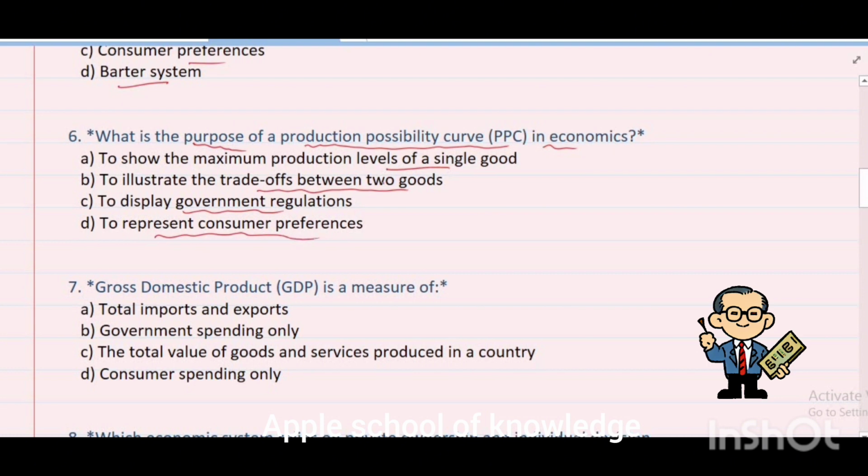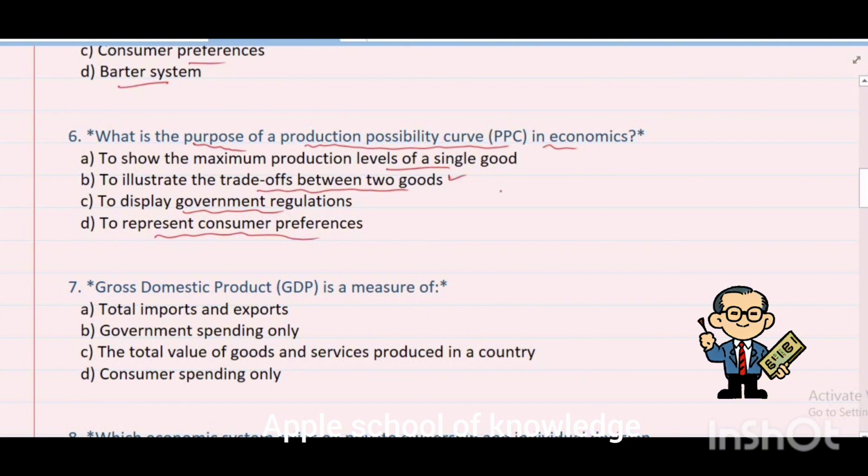So here, if you remember, the PPC, production possibility curve, shows the opportunity cost and trade-off between producing two different goods. So here the option B is the correct one, to illustrate the trade-off between two goods.